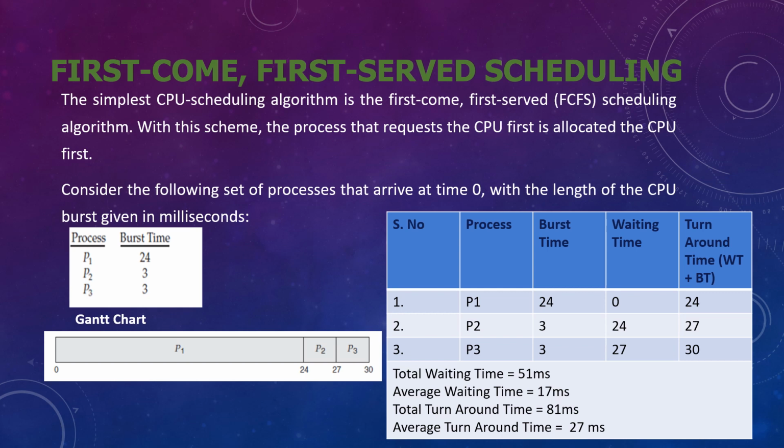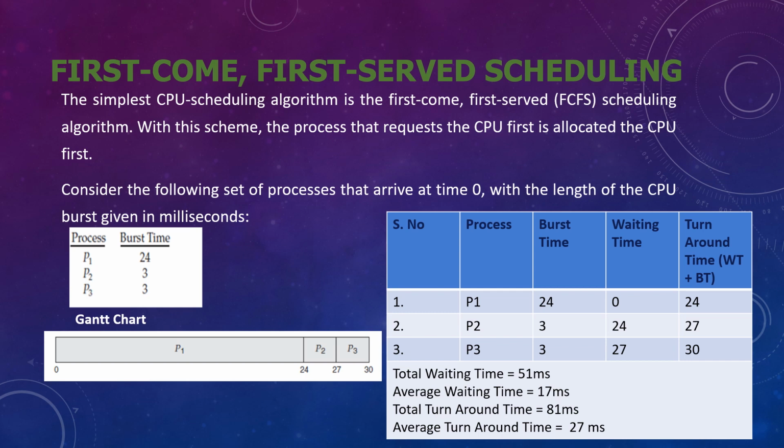By looking at the Gantt chart, you are able to see how long a particular process waits in the queue before it gets into the CPU for execution. So process P1 does not wait at all. It enters into the CPU immediately once it arrives in the ready queue. So the waiting time for process P1 is 0.